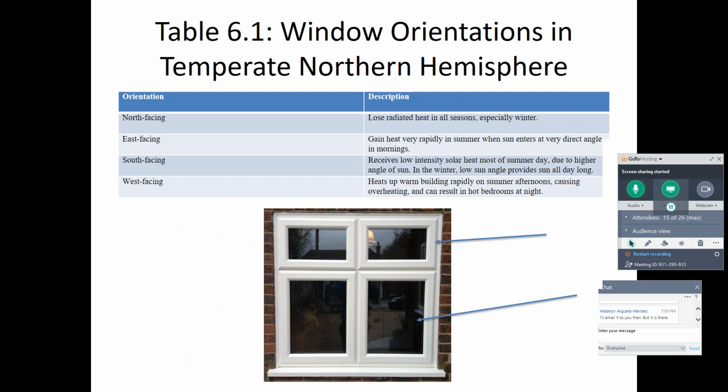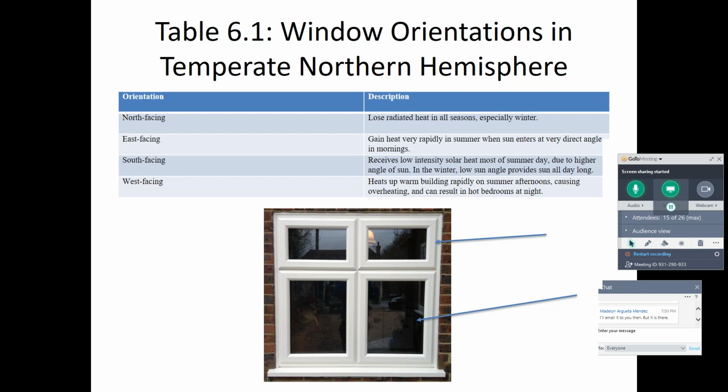Window orientation in the temperate northern hemisphere. So this is great, we're in the temperate northern hemisphere. North facing, we lose radiated heat in all seasons, especially winter. East facing, we're going to gain very rapidly in the summer when sun enters at a very direct angle in the mornings. South facing, it receives low intensity solar heat most of the summer day due to the higher angle of the sun.